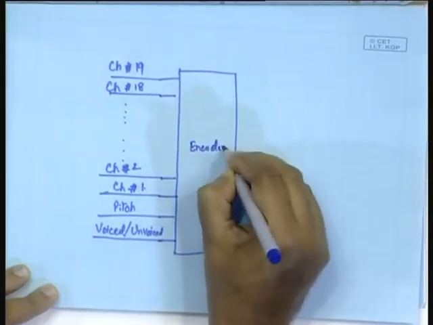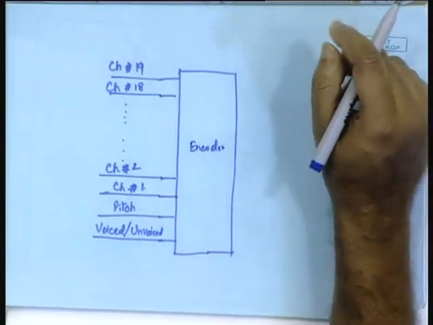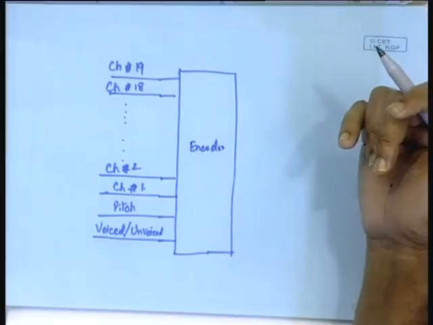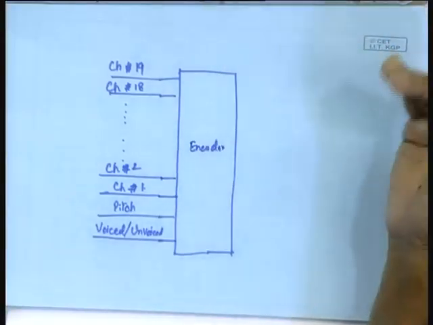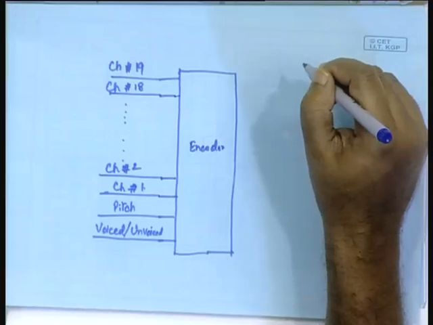So, for channel 1 to channel 19, in the process of rectification, what we have done is that we have extracted its amplitude, because signals are bipolar in nature. So, it will be varying to the positive as well as to the negative. So, what we do in the process of rectification is to extract the envelope of that, and this in turn gives us an idea about which filter bank contributes to what proportion of the signal.